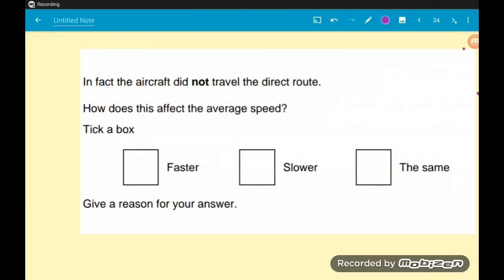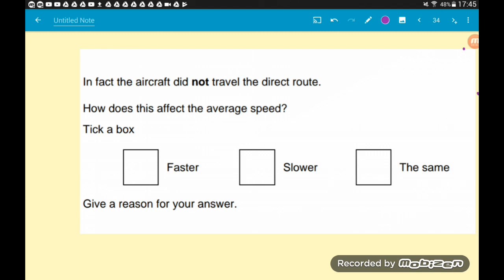Okay, then for part B, we're told actually the aircraft did not travel the direct route between the two airports. So, direct route really, straight line. So the aircraft did not travel in a straight line. We're asked, what effect would this have on the average speed? Well, if the aircraft hasn't travelled in a straight line, it's going to have travelled a greater distance.